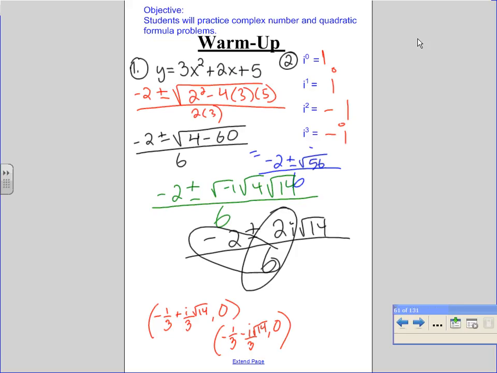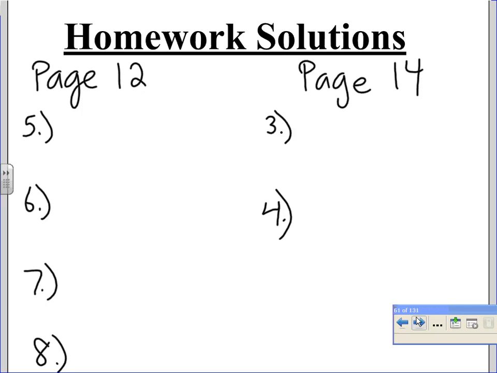So page 12. You guys had 5, 6, 7, 8. It was actually the back of page 12. All right, we need 2 ordered pairs for number 5. So Andy, can you tell us what you got? I just didn't hear you. Is this what you said?